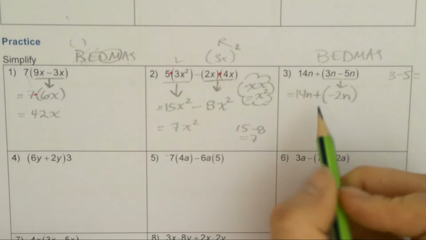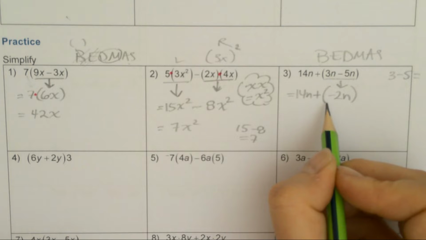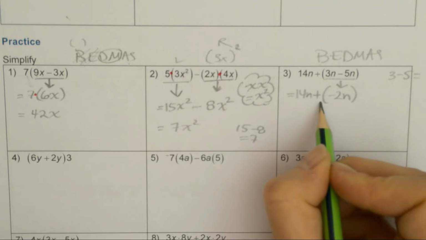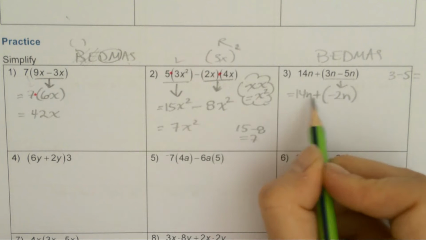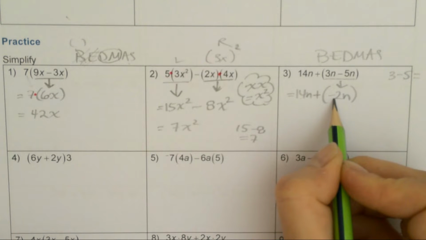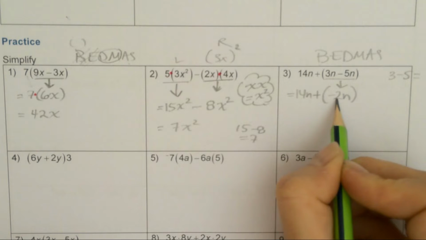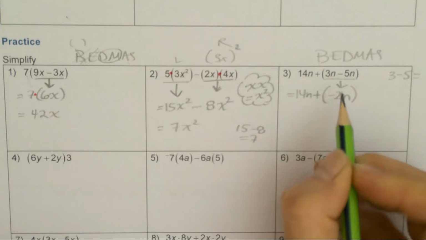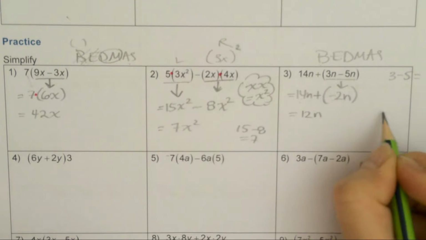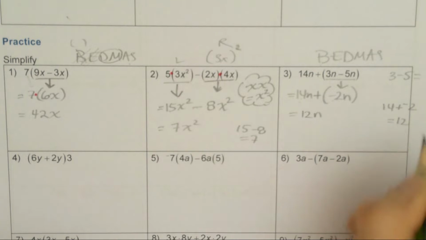So some people get confused if this is multiply or add. If you get confused, just look up. It's 14 plus this. So this is 14 plus a negative 2. So that means I have 14n, and I lose 2n. They're both n. So I have 14n and I lose 2n, so I have 12n. 14 plus a negative 2 equals 12.